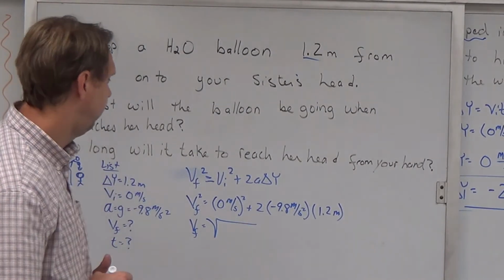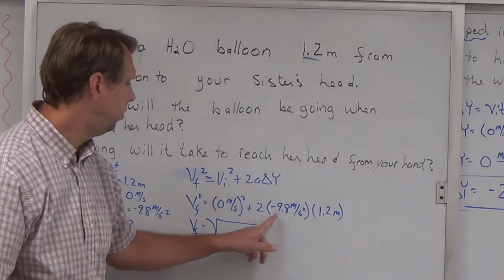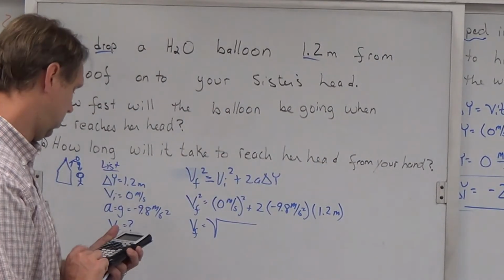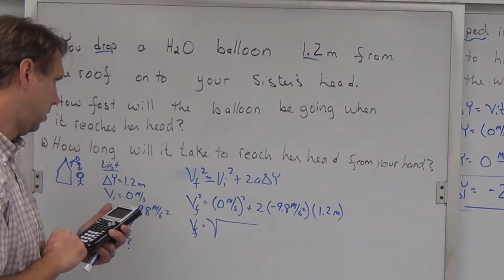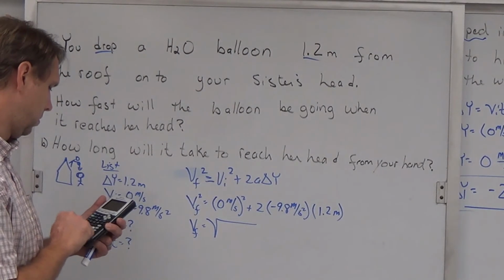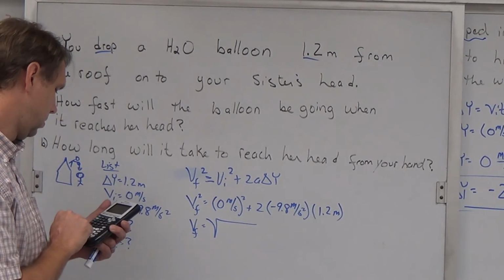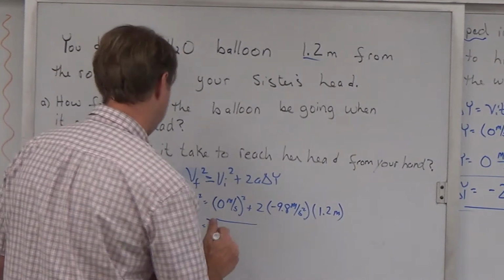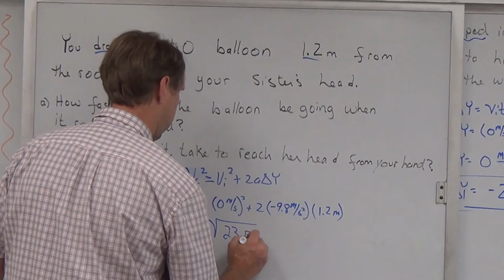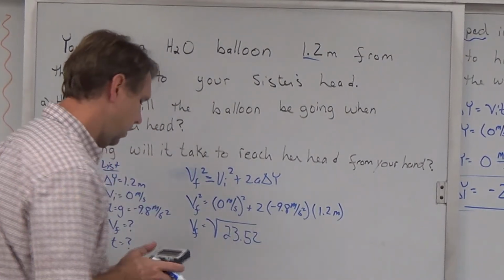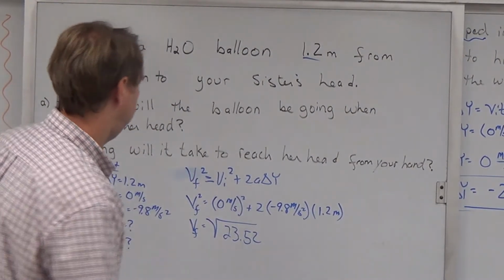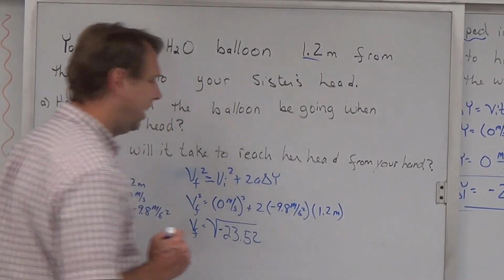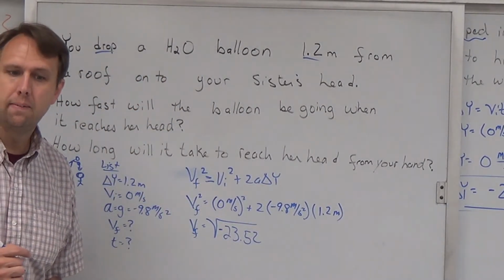Go ahead and figure out what 2 times 9.8 times 1.2 is. It's 23.52. Now, you're probably getting negative 23.52 because it's negative 9.8. And can you take the square root of a negative?